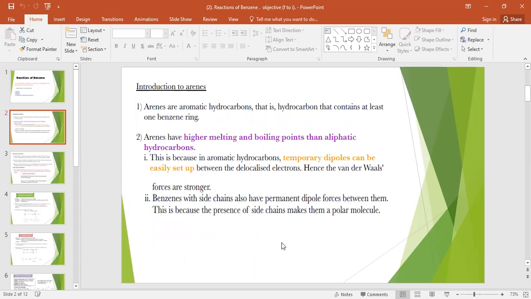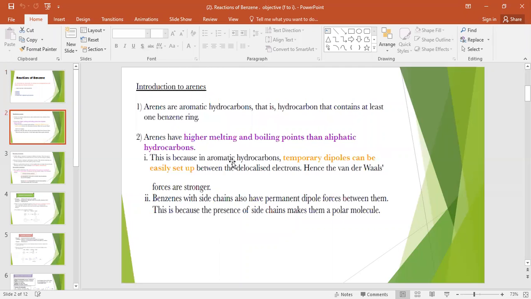Let's see what arenes are. Arenes are aromatic hydrocarbons, that is, hydrocarbons that contain at least one benzene ring. They have higher boiling and melting points than aliphatic hydrocarbons.